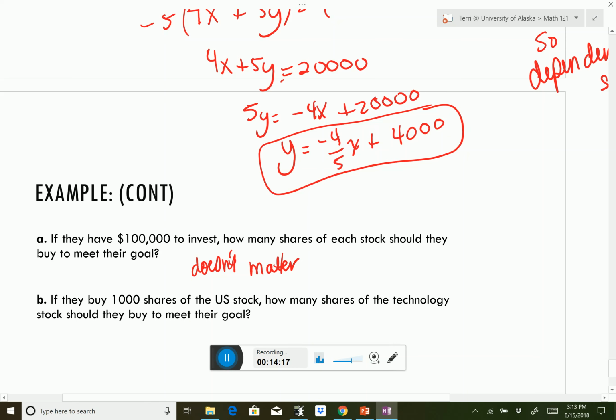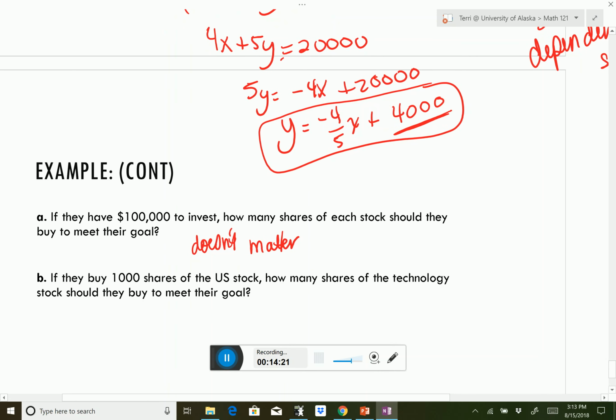So let's see. Let's see what, when x equals 0, y would be 4,000. So y has to be between 0 and 4,000, right? Because we can't go over 4,000 units, because if we went over 4,000 units of y, we would have to buy negative units in x. So that makes no sense.